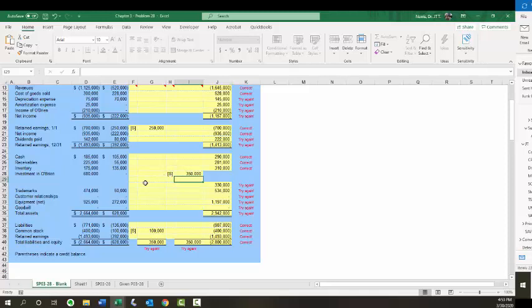The A entry is increasing the trademark by 100,000, increasing the customer relations by 75,000, and reducing by crediting the equipment by the 30,000.